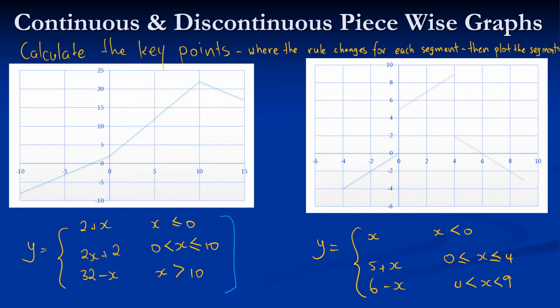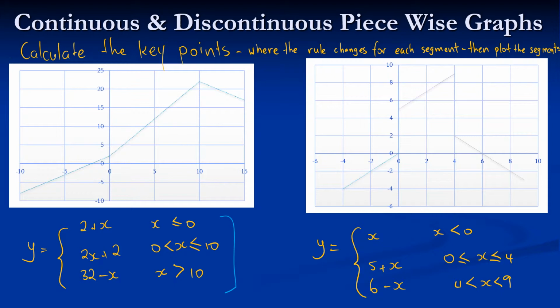For example, on our continuous line graph on the left hand side, y equals 2 plus x when x is below or equal to 0, and then y equals 2x plus 2 when the value of x falls between 0 and 10, and then y equals 32 take x when x is greater than 10.